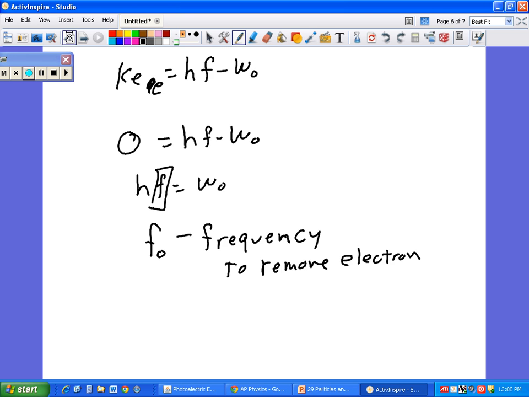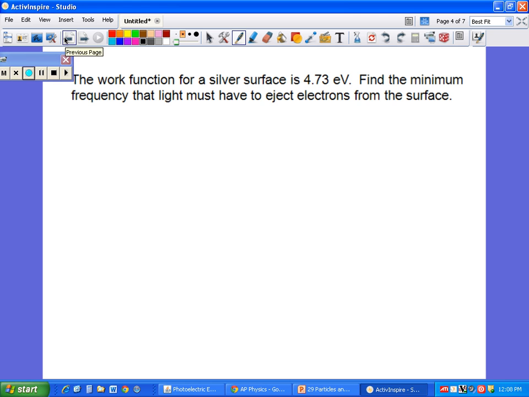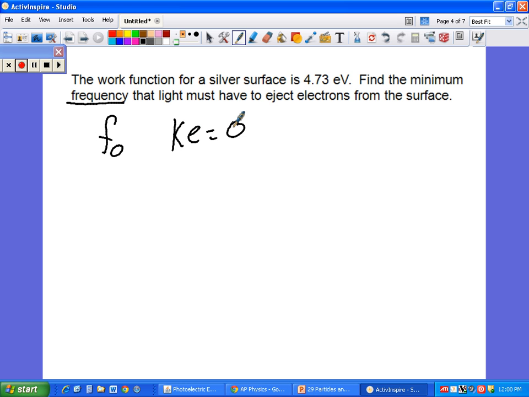So now let's try a problem based off of the photoelectric effect. The work function for a silver surface is 4.73 electron volts. Find the minimum frequency that the light must have to eject the electrons. So we are looking for the minimum frequency, or f naught. For f naught, we know kinetic energy must be equal to zero, because the energy of the photon is equal to the kinetic energy plus the work function.